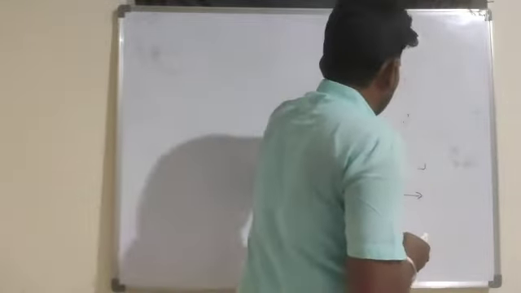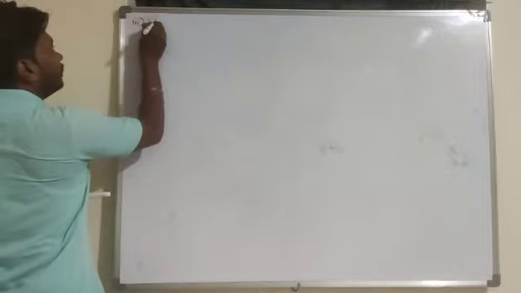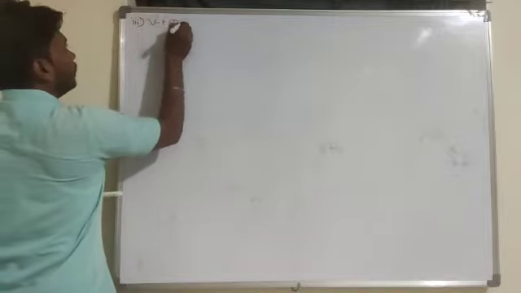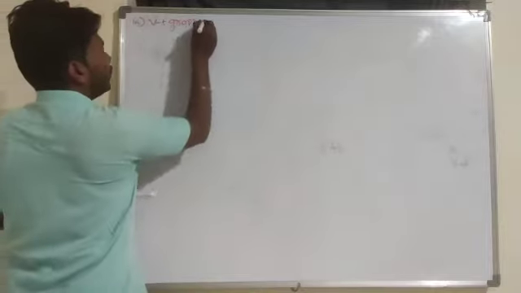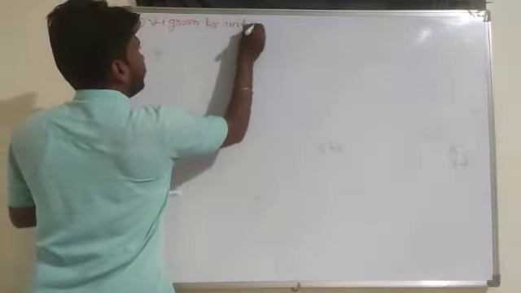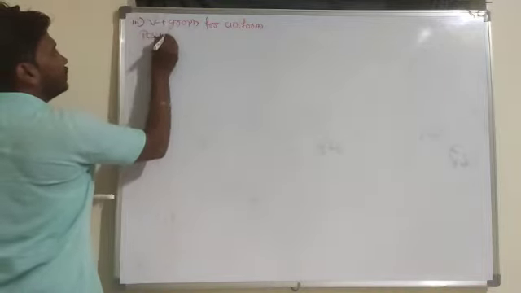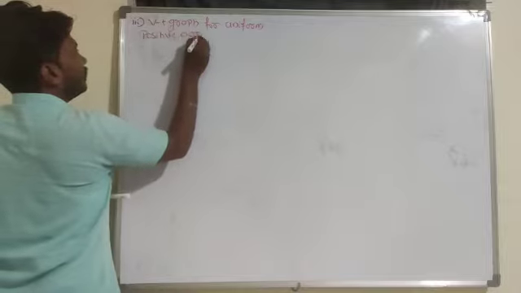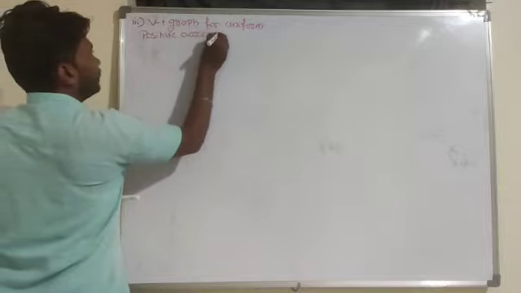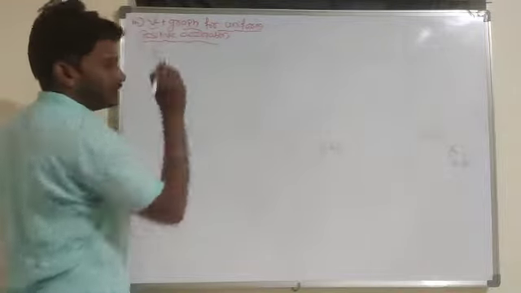Next we will consider the VT graph for uniform positive acceleration.